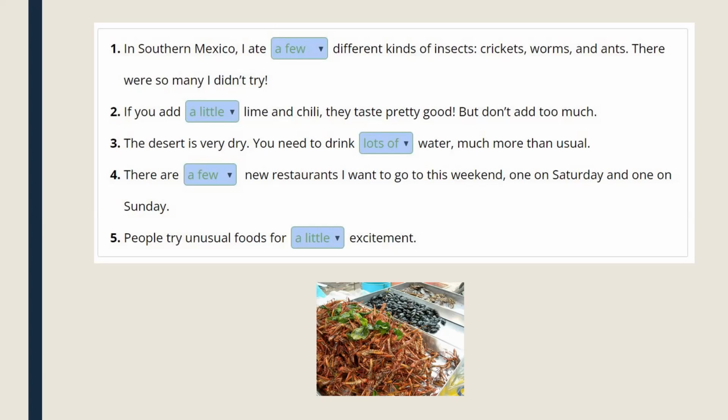But according to the rule, according to grammar, we usually use much and many for questions and negatives, right? The quantifiers, but it's flexible, okay?